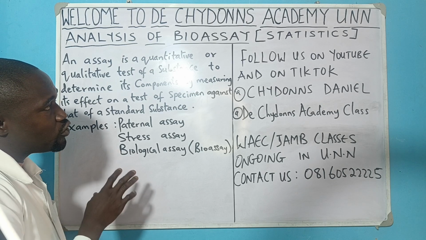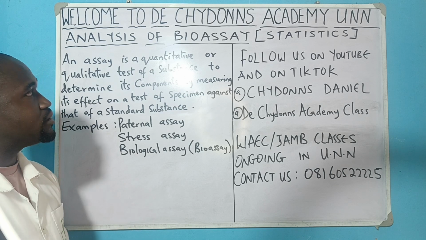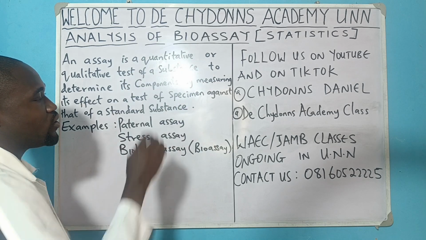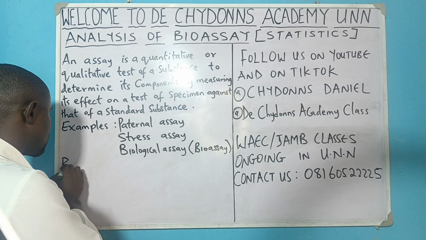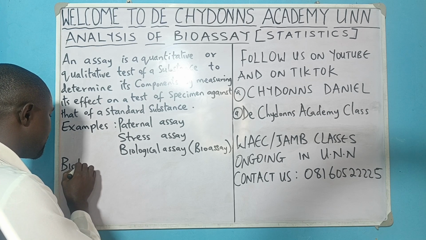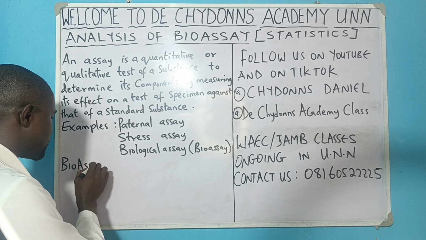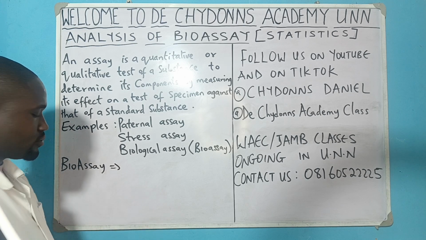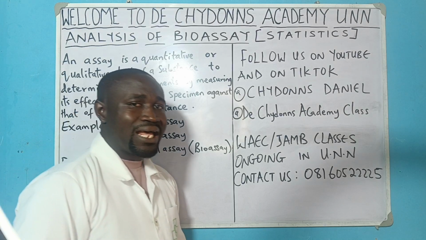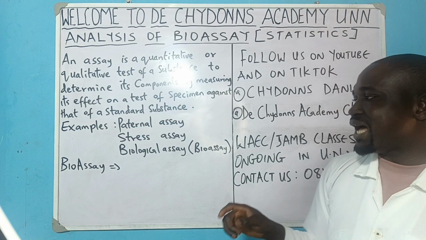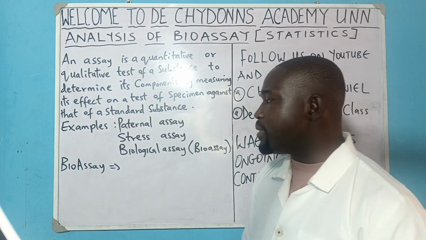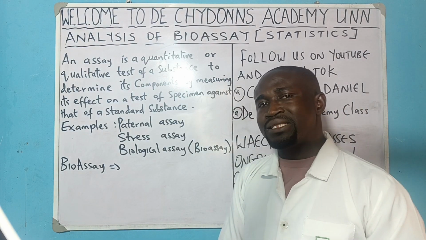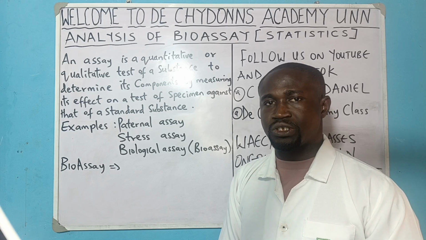Now, in this video, we want to focus our study on analysis of bioassay. Let's first and foremost check out what bioassay means. Bioassay, as I stated before, can be called biological assay, and it simply means you are experimenting with living tissues.